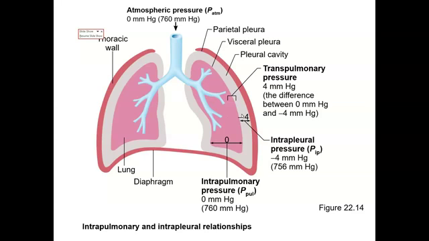It's always about 4 millimeters of mercury less. So that's why we call it minus. Because of this negative pressure, that also keeps the lungs from collapsing. So it keeps the lungs open, because the lungs really would like to collapse if they're not attached and if they're not kept open by the attachment to the pleura.